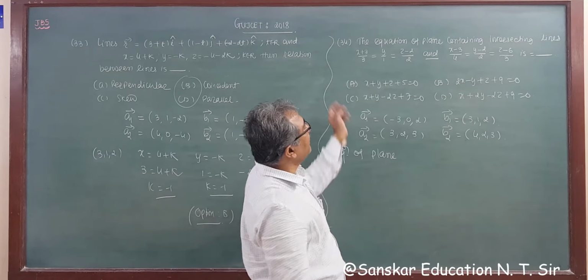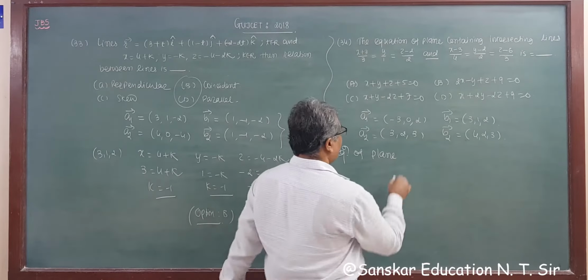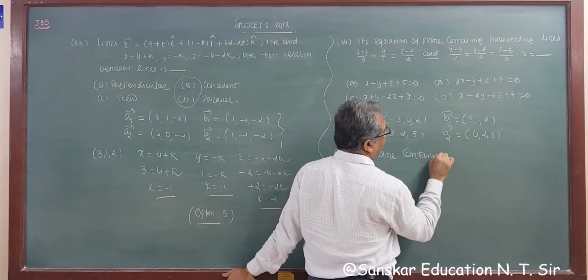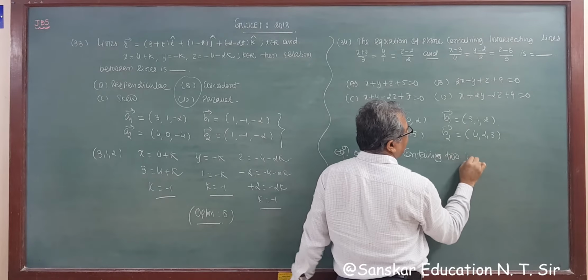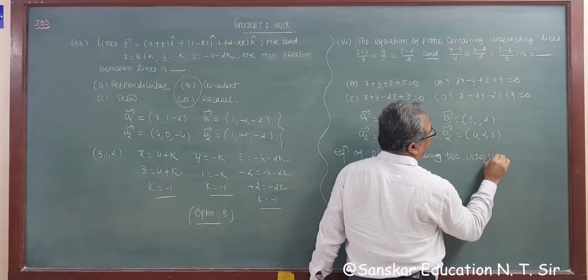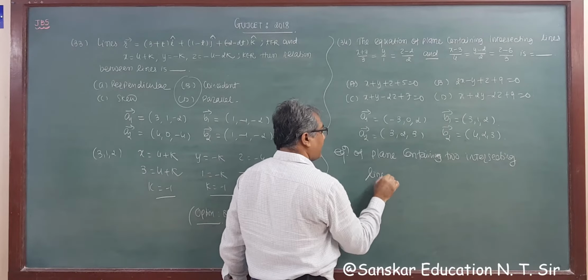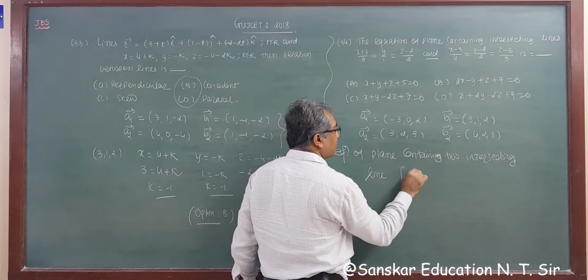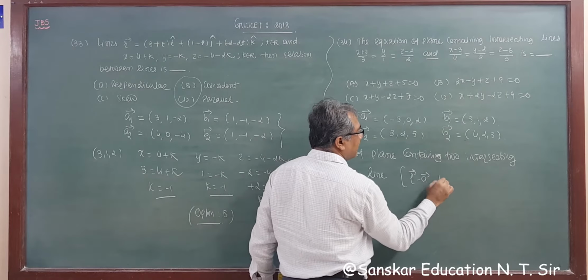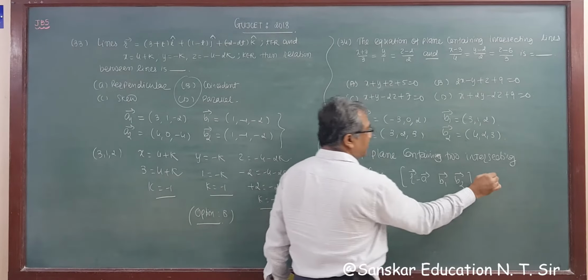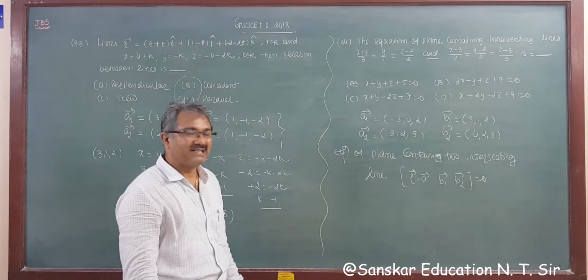Now the equation of a plane containing two intersecting lines is the box product of r bar minus a bar, b1 bar and b2 bar equal to 0.